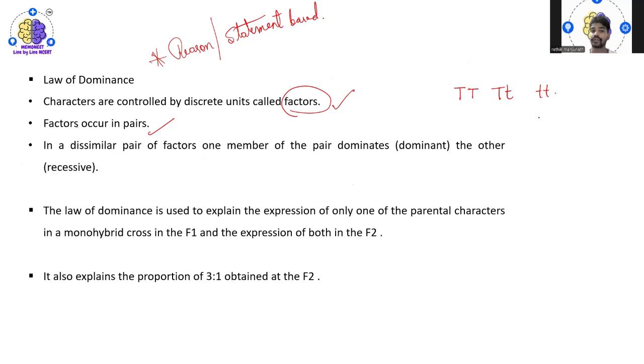In a dissimilar pair of factors, one member of the pair will be dominant and the other will be recessive. The law of dominance is used to explain the expression of one of the parental characters in a monohybrid cross in the F1 and the expression of both in the F2. It also explains the proportion of 3:1 obtained in the F2 generation.